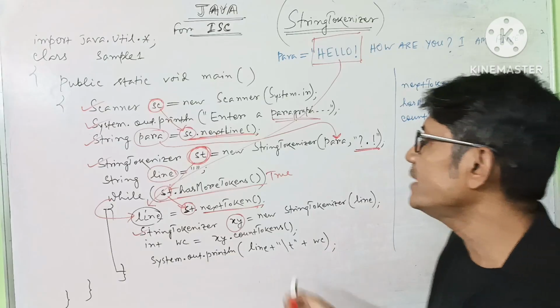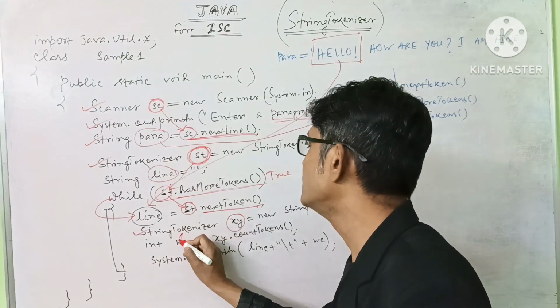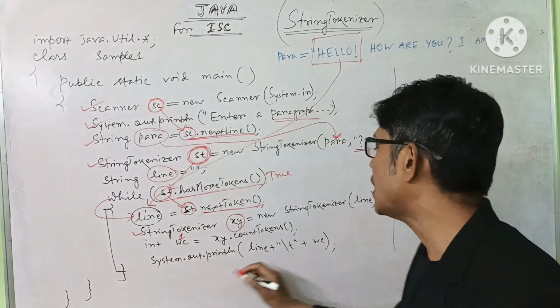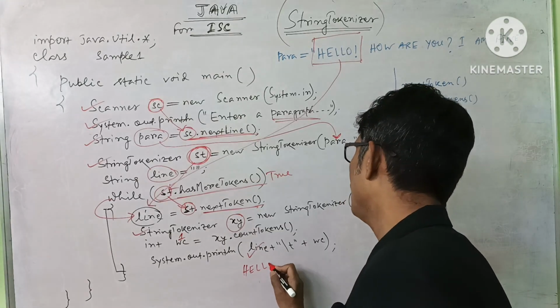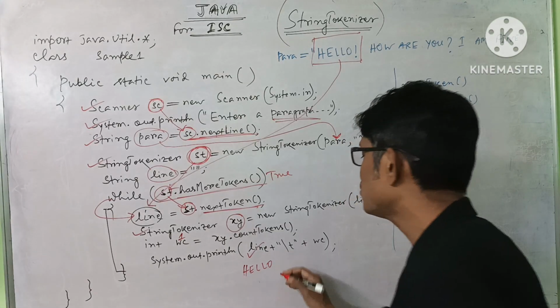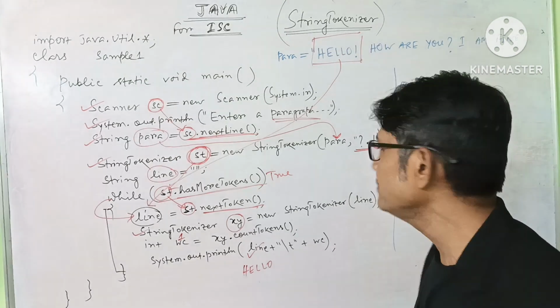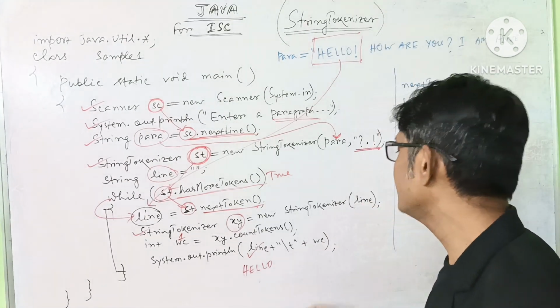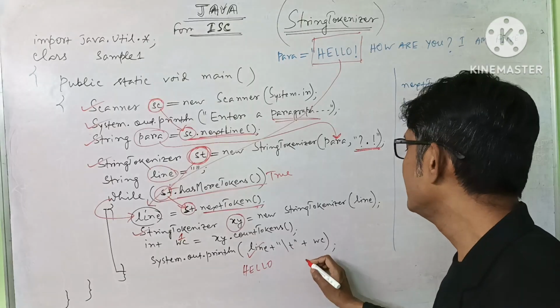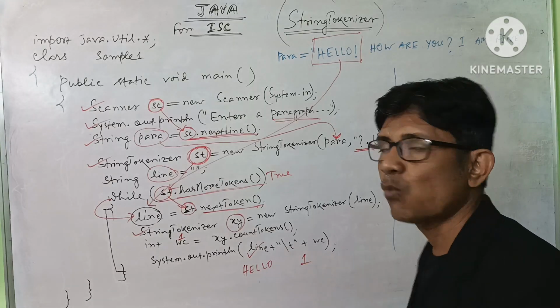Hello, exclamation, how many words? Only one word. So, computer, you show me now this line, it will show you hello. The exclamation symbol will not come because my parameter was this.